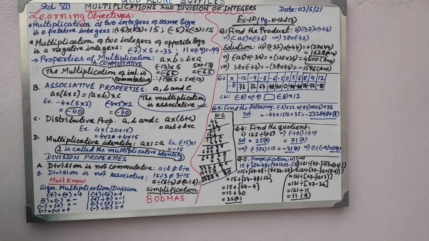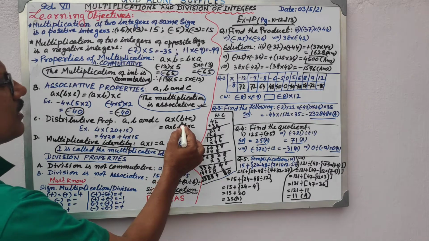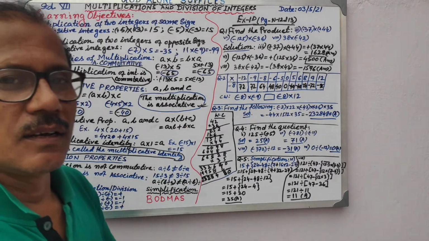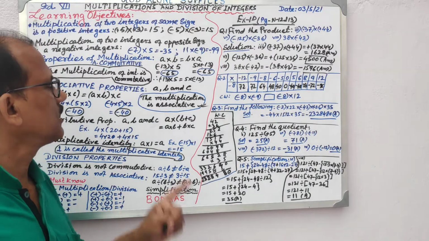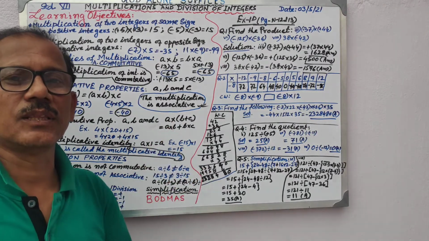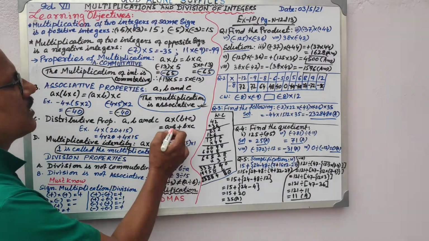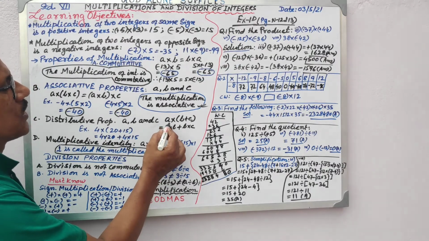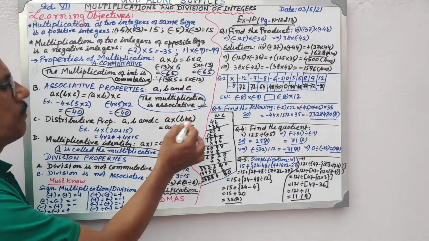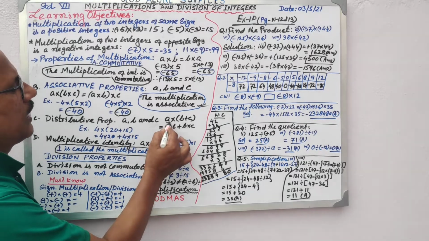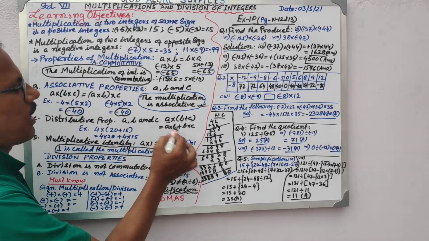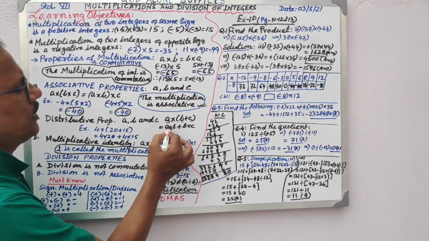Now, the distributive property of multiplication is such. If you have three integers a, b, c, and the sum of two of the integers is multiplied with the third integer, you can distribute it as a into (b plus c) equals a into b plus a into c.